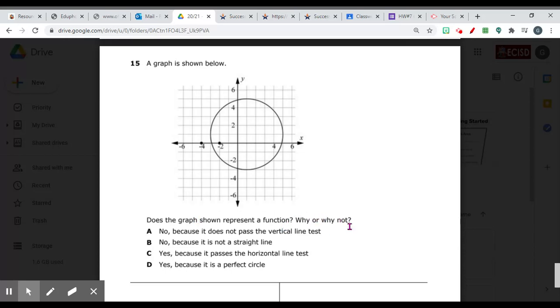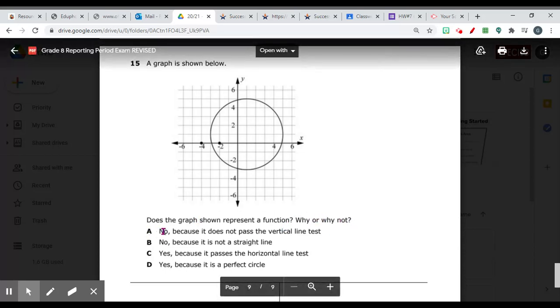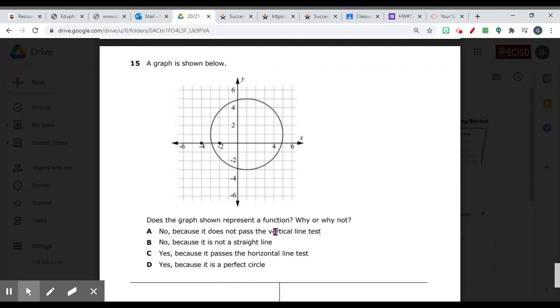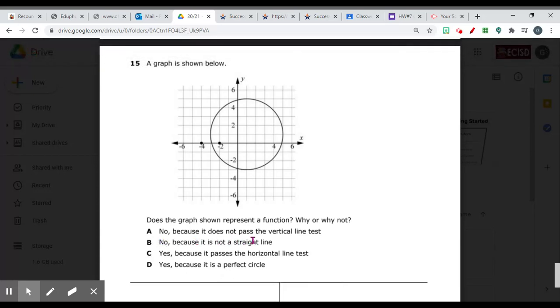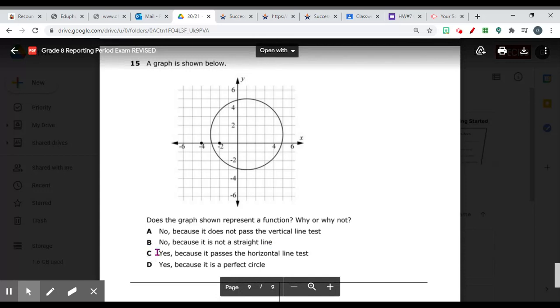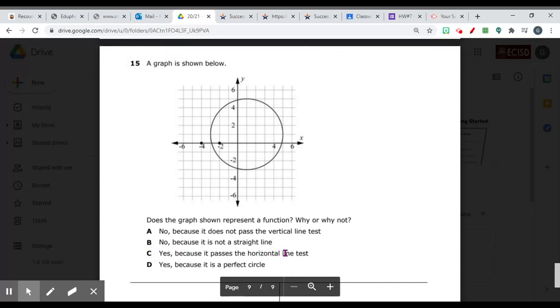Why or why not? A, no, because it does not pass the vertical line test. B, no, because it is not a straight line. C, yes, because it passes the horizontal line test. Or D, yes, because it is a perfect circle.